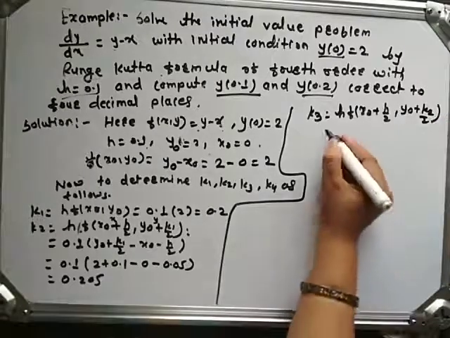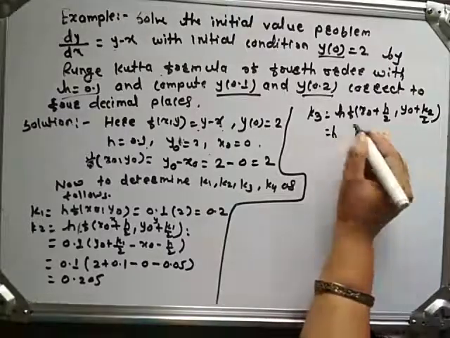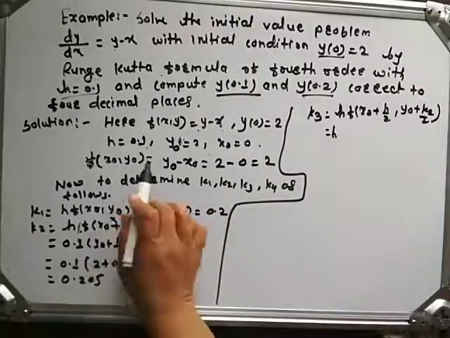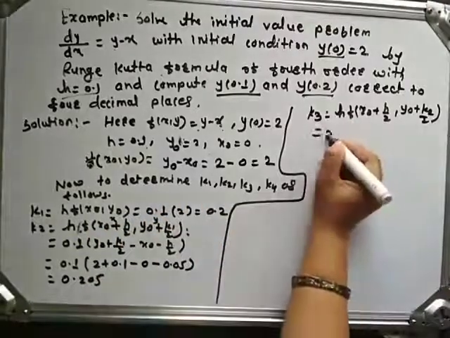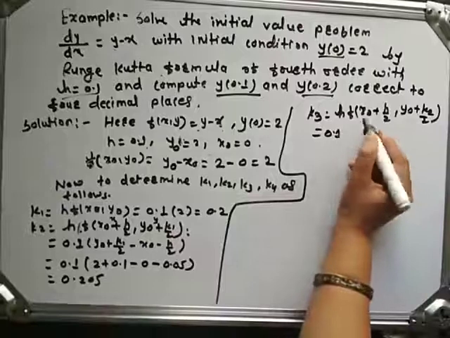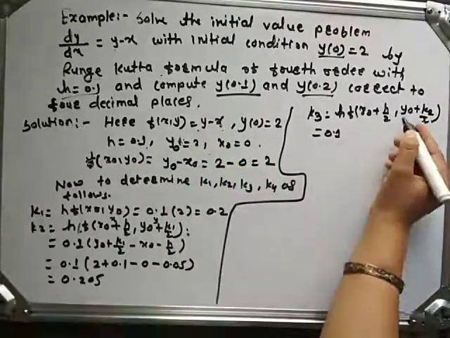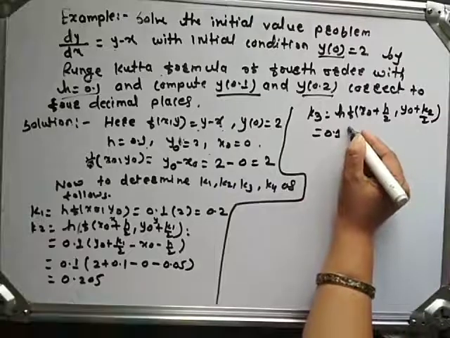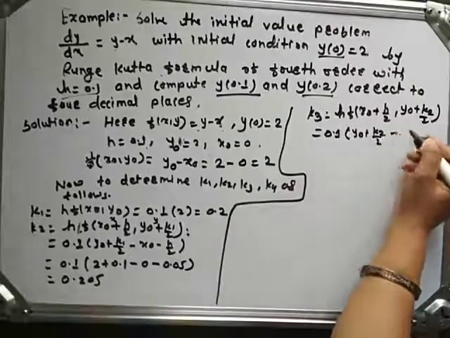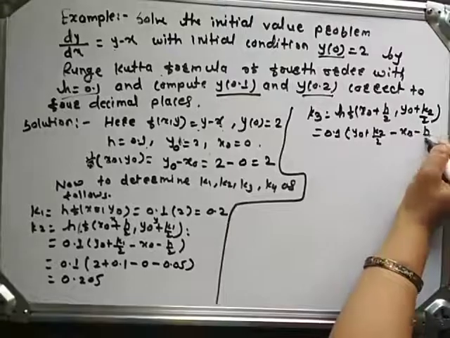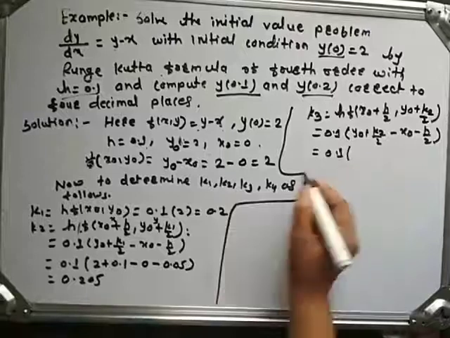Okay, this is equal to, again h keep as it is, put h is equal to 0.1 here. f of (x, y) is y minus x, so this becomes into (y0 plus k2 upon 2) minus (x0 plus h by 2). Okay, this is equal to 0.1. What is y0?